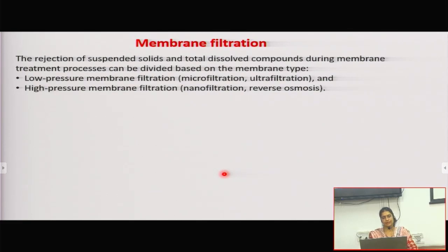Membrane filtration is classically used for the rejection of suspended solids and total dissolved compounds during membrane treatment. We can have low pressure membrane filtration, exemplified by microfiltration or ultrafiltration, or we could have membranes operating at high pressure, like RO, reverse osmosis, or nanofiltration.